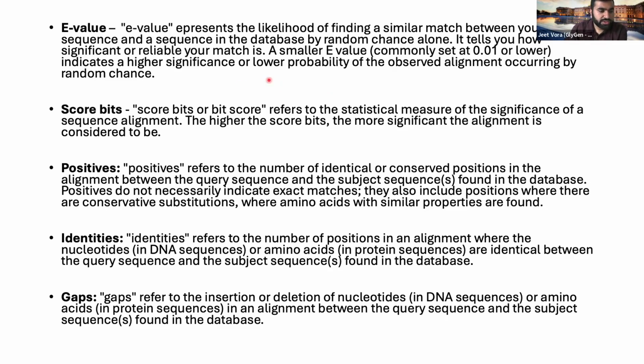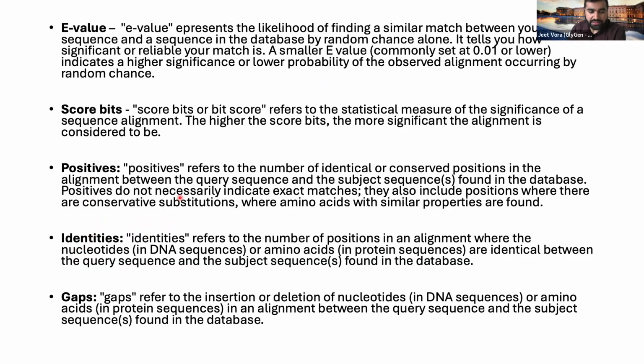Then I want to talk about the positives and identities. These are similar, but they have some nuances you can use to differentiate them. Positives refer to identical or conserved positions in the alignment, and they do not necessarily indicate exact matches.